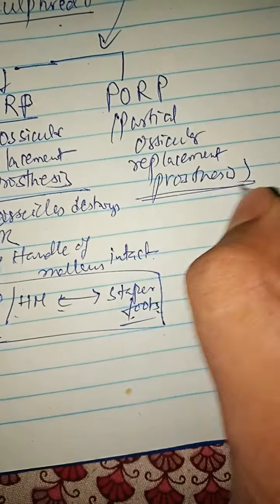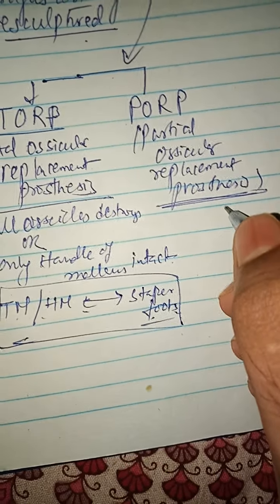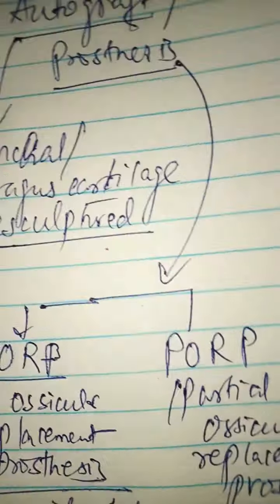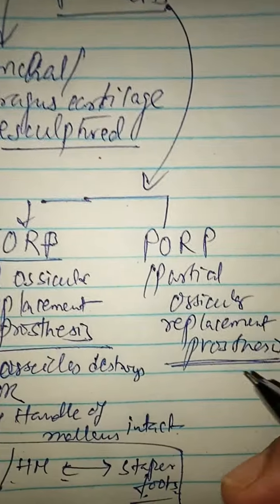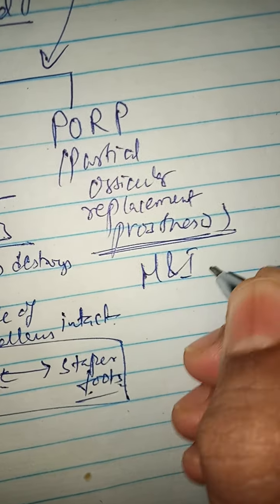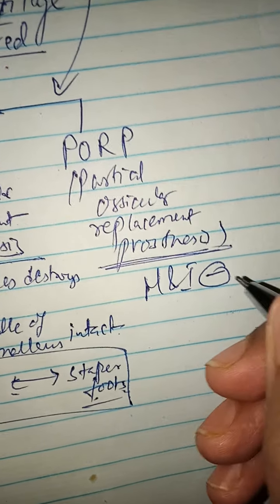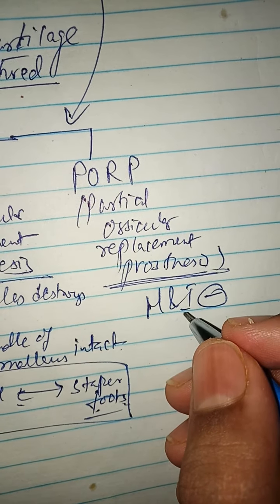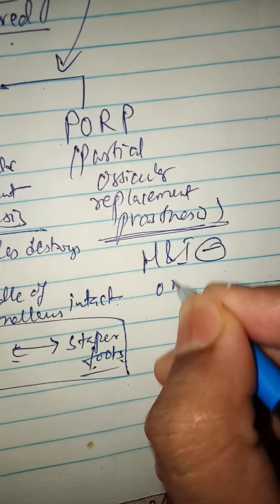And where do we place the partial ossicular replacement prosthesis? Partial ossicular replacement prosthesis is basically placed when the malleus and incus are absent, or only the incus is absent.